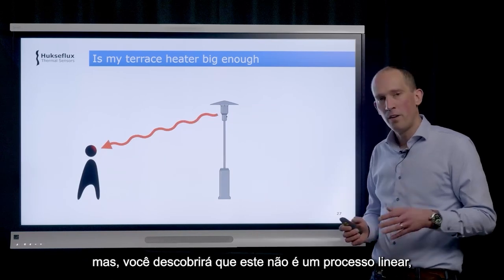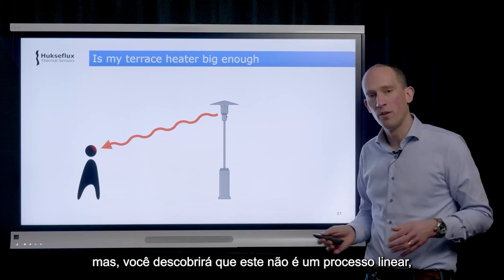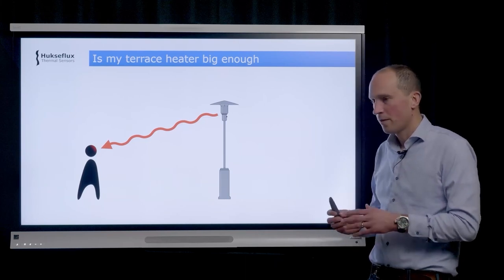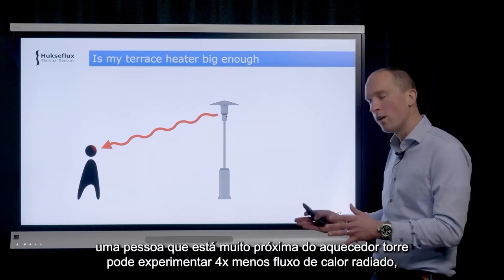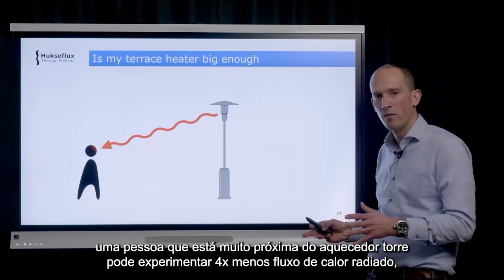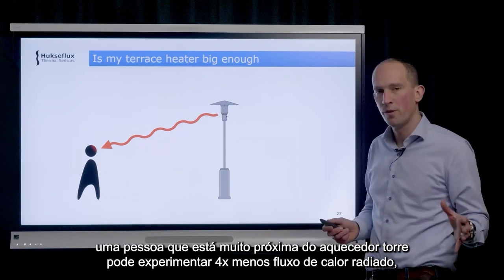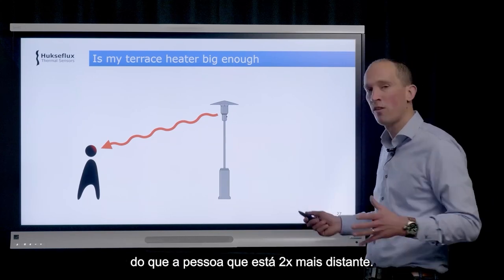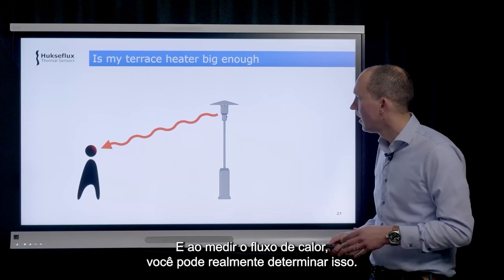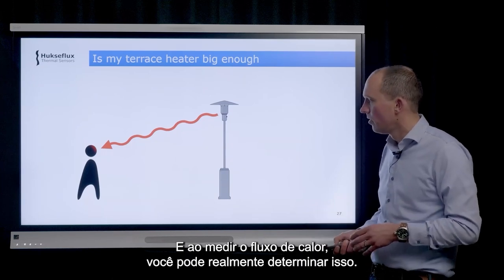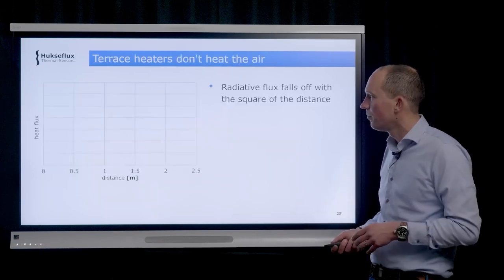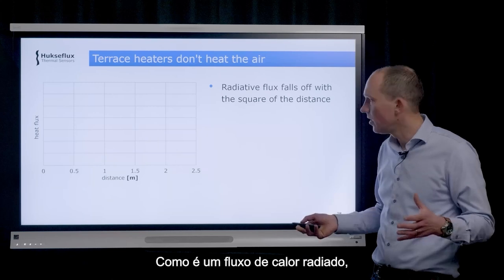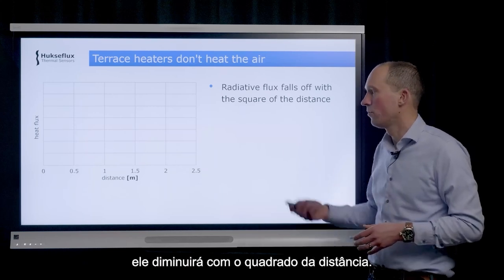But you'll find out that this is not a linear process. The person that is very close to the terrace heater can experience about 4 times more radiative heat flux than a person that is twice as far away. And by measuring heat flux, you can actually determine this. Because it's radiative heat flux, it follows the square of the distance.